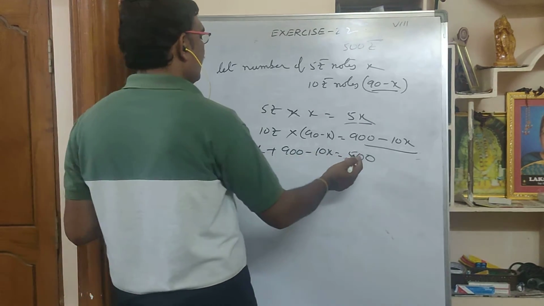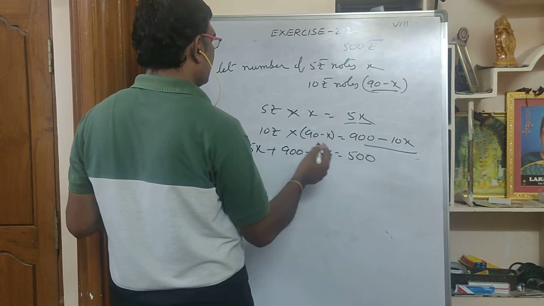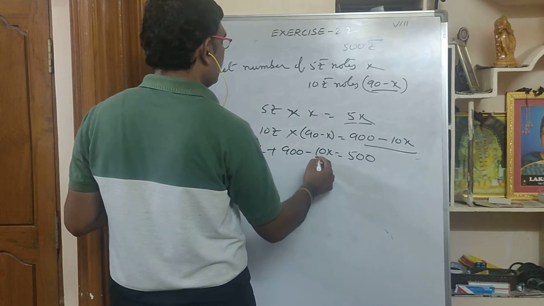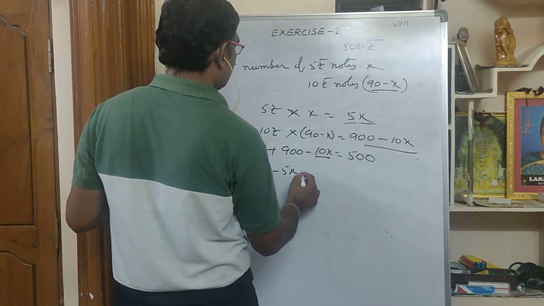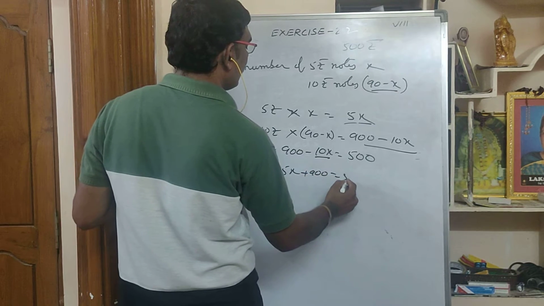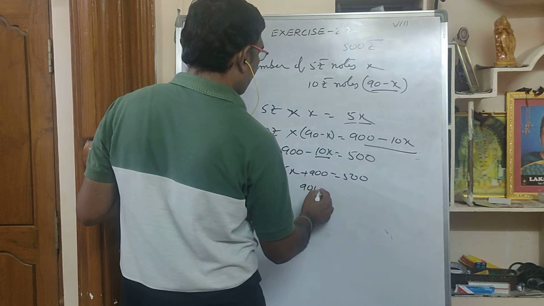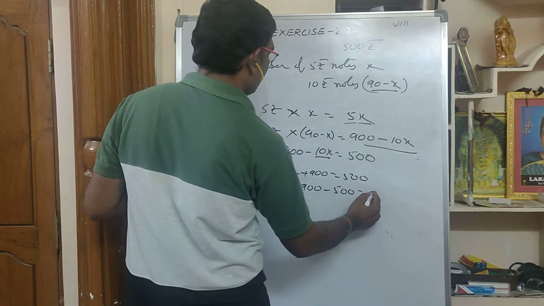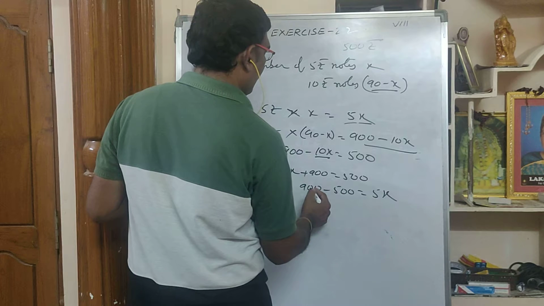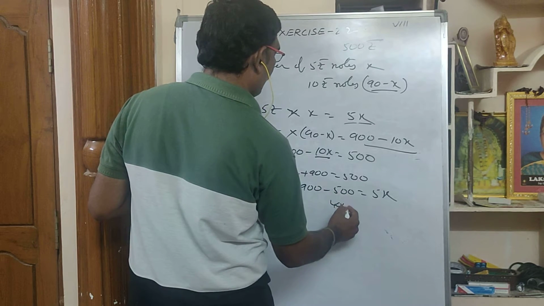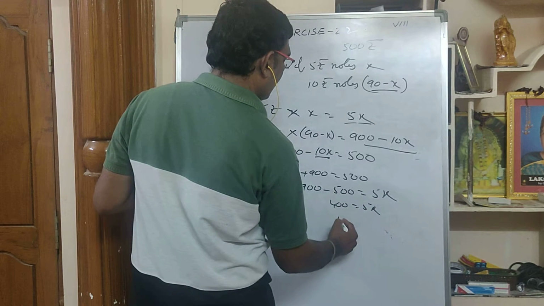Now bring variables to one side, constants to one side. Plus 5x minus 10x, minus 5x plus 900 is equal to 500. Minus 5x take to that side. 900 minus 500 is equal to 5x. From 900 if you subtract 500 you are getting 400 is equal to 5x.